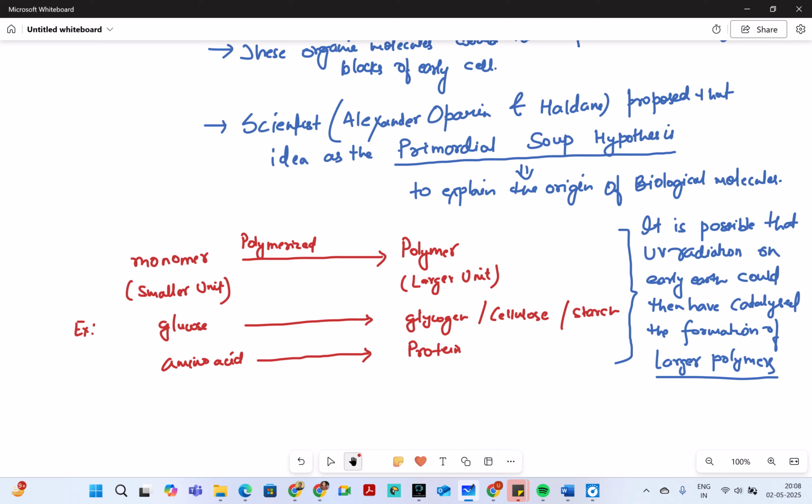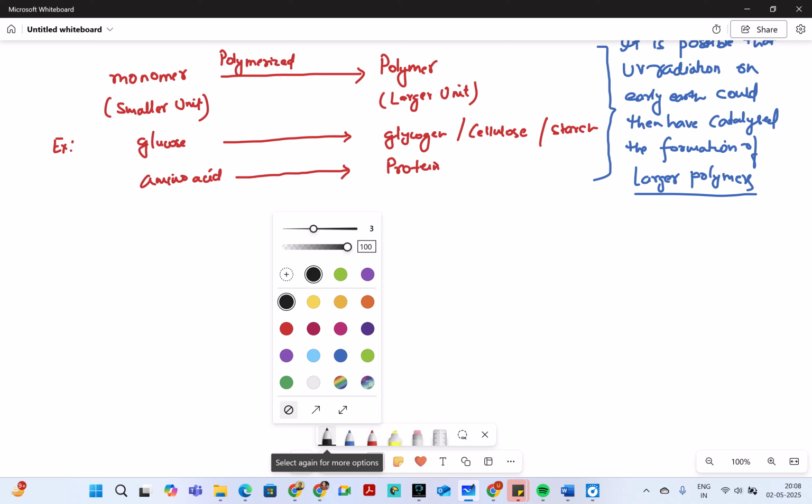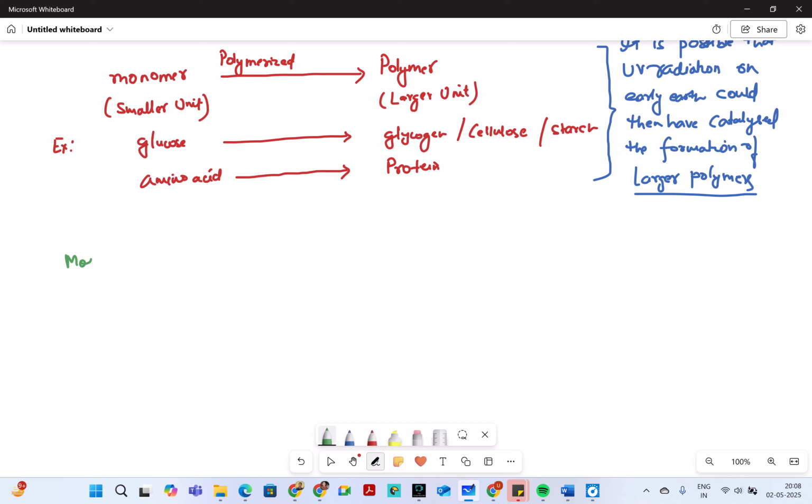So when we are talking about the polymers, now the question is, in the beginning, what all molecules were there on Earth, right? So when you see the molecules in the Earth, let me write here, molecules in atmosphere. What is there? You have, let's say, water, right?